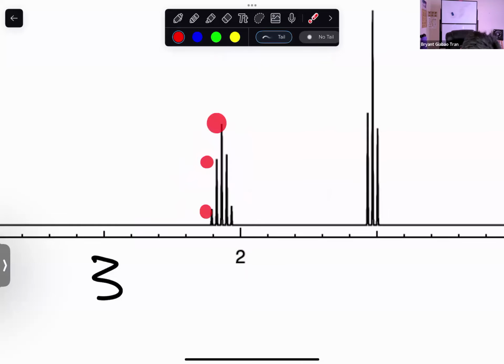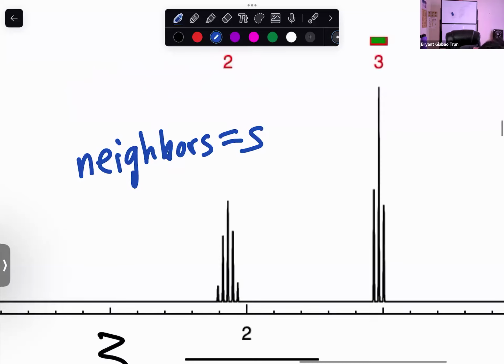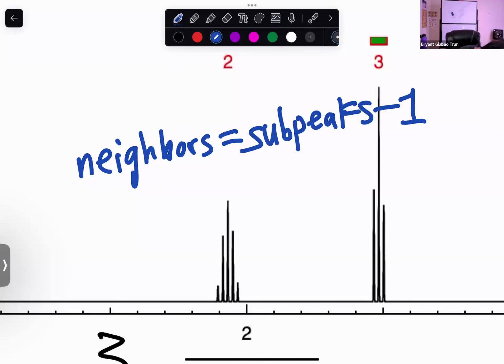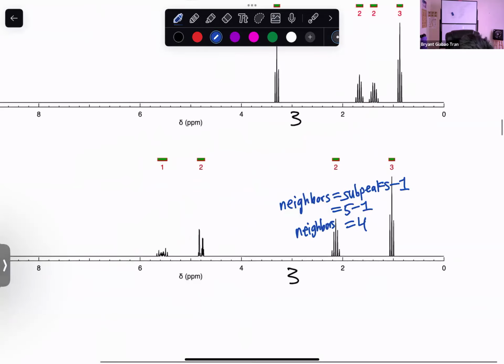There's 1, 2, 3, 4, 5 subpeaks, meaning that it will have four neighbors, right? That one specific peak right there, four neighbors.